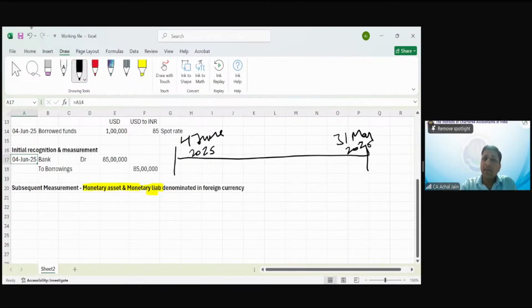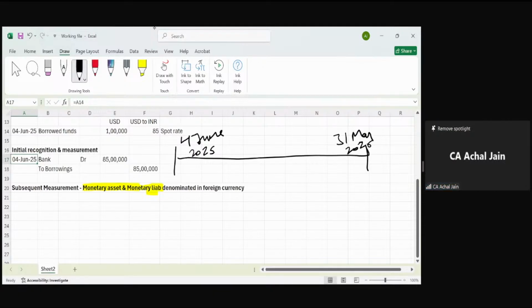This loan amount remains outstanding. So will you have this borrowing balance appearing in the balance sheet as at 31st March 26? Tell me. Tanisha says yes. I think Smriti, Soumya, Devu, they have the same answer.